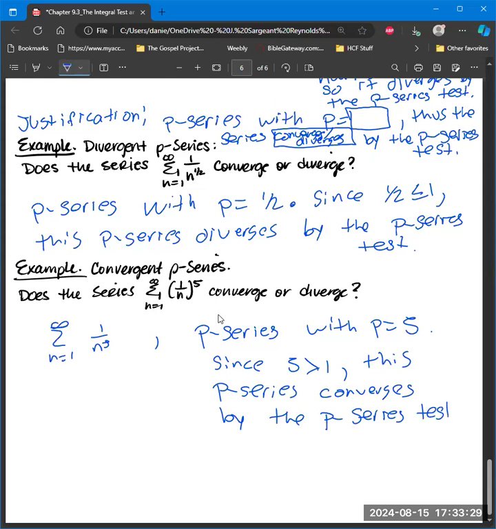The reason we talked about the integral test first before the P series test is because there is a way to use the integral test to prove the P series test.